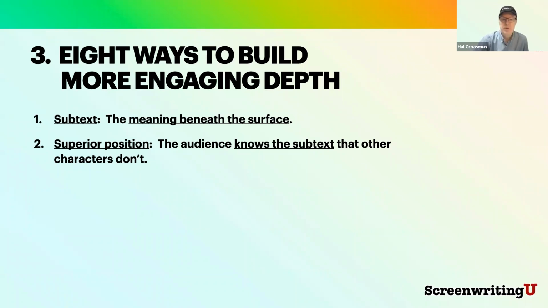Second tool is what we call superior position. This is where the audience knows something that the other characters don't, right? So it may be that we find out that this guy's a con man. He's running a con on this lady for the whole first part of the second act. We're watching him do this con. Up until then, maybe we believed him. Now we know he's a con man. Now we know he's doing this. We fear for her. We're worried about her, right?